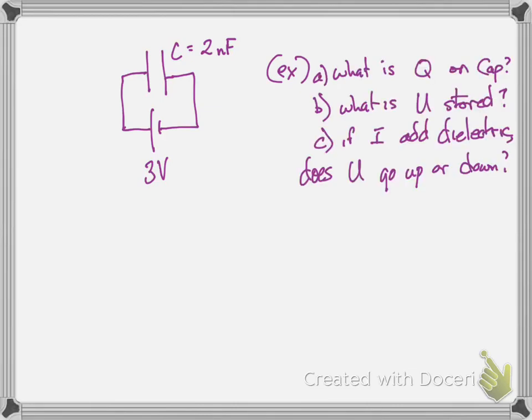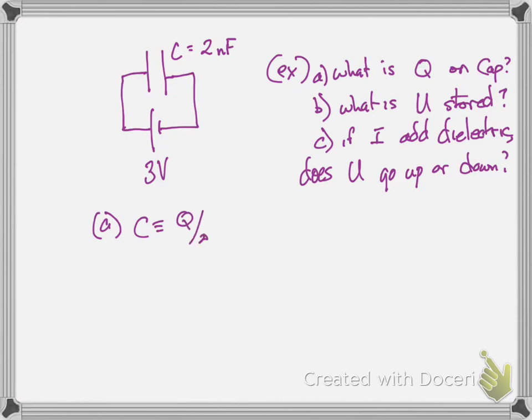What is the charge on the capacitor? What is the energy stored in the capacitor? And if I add a dielectric between the capacitor plates, does the energy go up or down? Okay, so let's see. A, what is the charge on the capacitor? Well, we're just going to use the definition of capacitance.